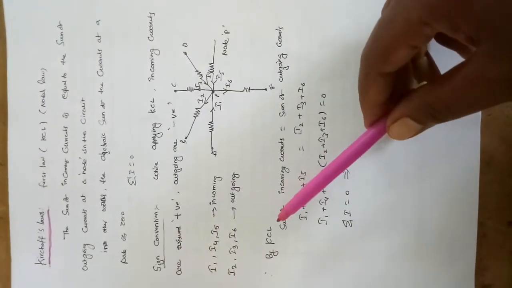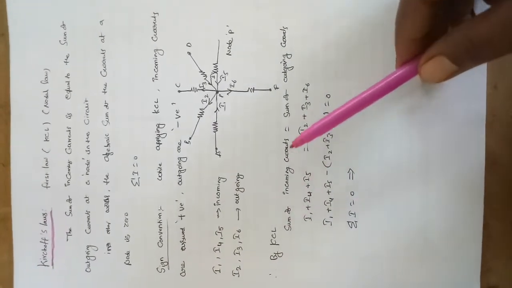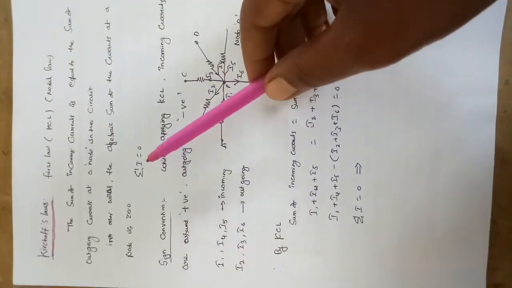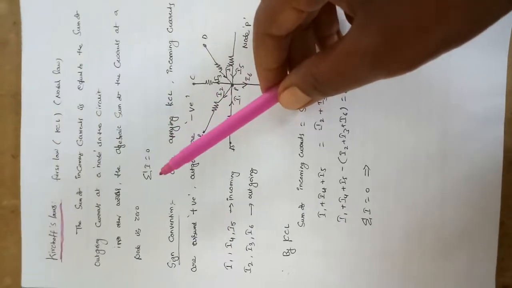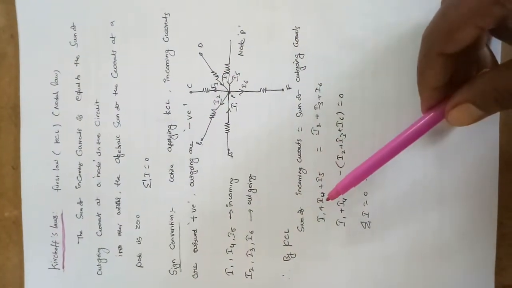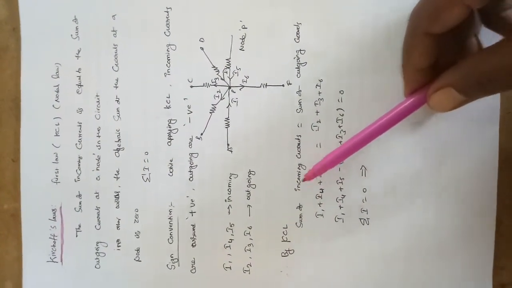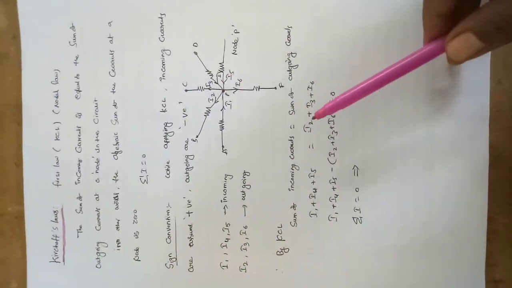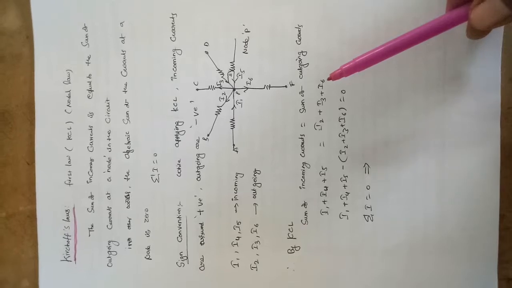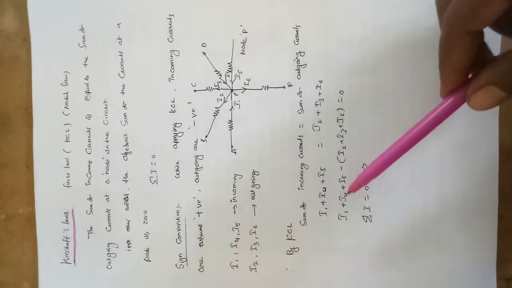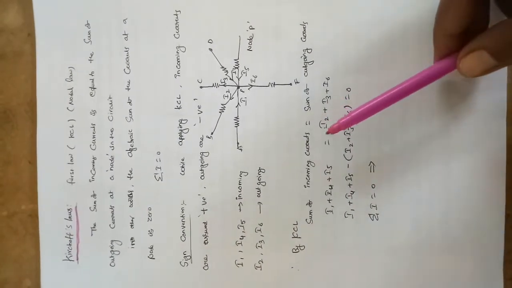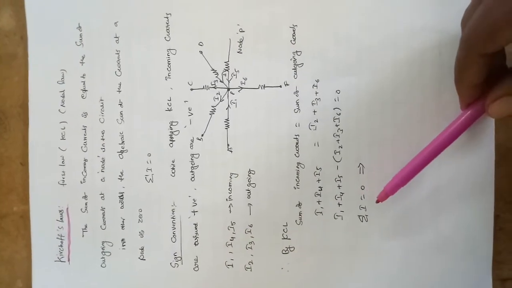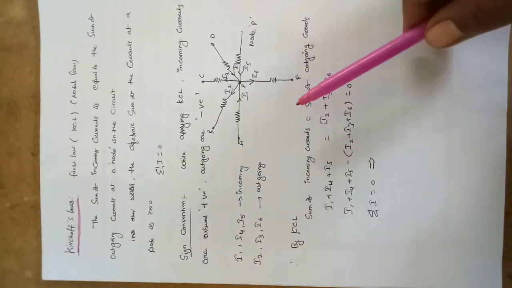By applying KCL, the sum of incoming currents equals the sum of outgoing currents: I1 plus I4 plus I5 equals I2 plus I3 plus I6. If you transfer this to one side, it becomes zero, that is summation I equal to 0. That is KCL.